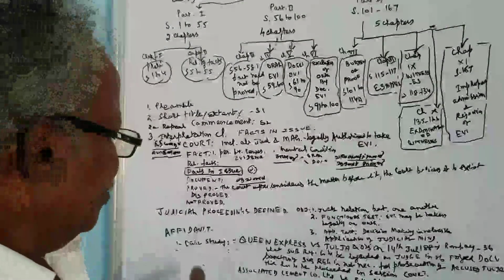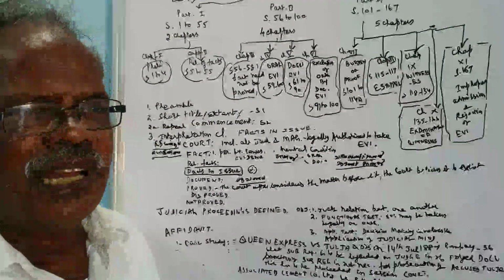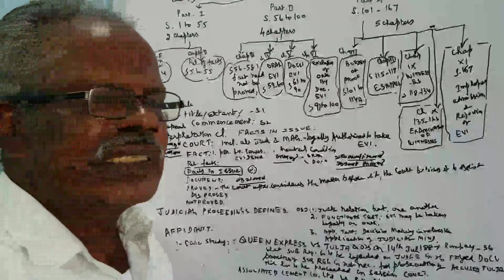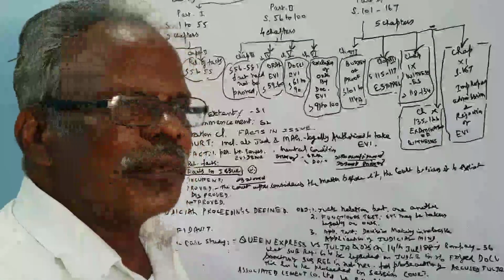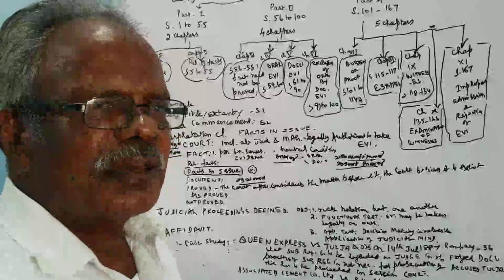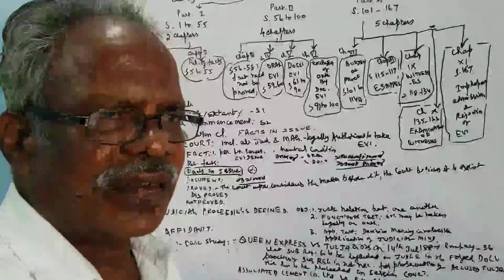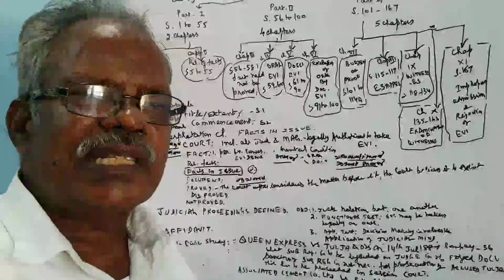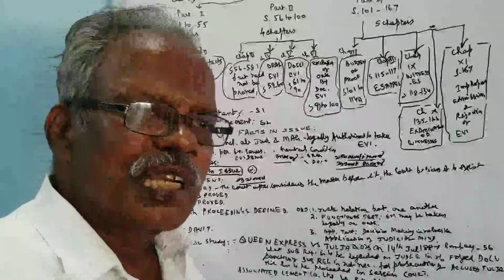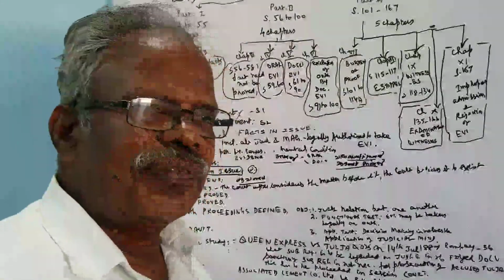Then we are going to talk about the affidavit also. Affidavit means a promise given for an act. Usually the affidavit is done through a notary public on a stamped paper of 20 rupees.